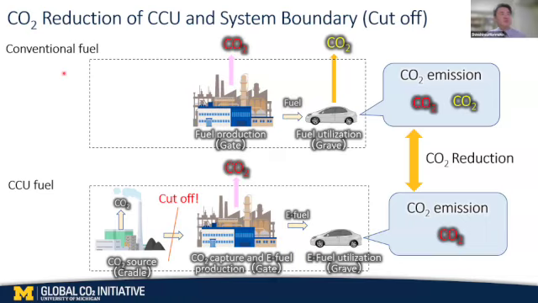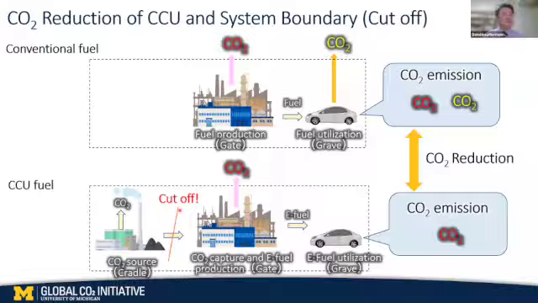Maybe you all know this, but for conventional fuel, there is CO2 emission from fuel production and CO2 emission from fuel utilization. So red and yellow is the total CO2 emission for conventional fuel. For the CCU fuel, of course there is CO2 emission from fuel production, but the CO2 emission from fuel utilization is already accounted for at the CO2 source.